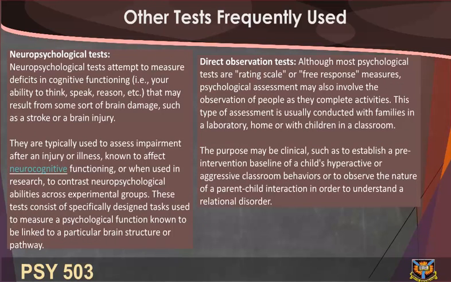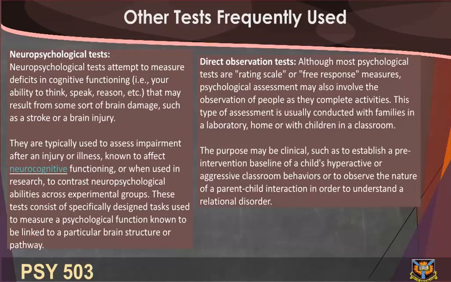Neuropsychological tests. Neuropsychological tests attempt to measure deficits in cognitive functioning, that is, your ability to think, speak, reason, etc., that may result from some sort of brain damage, such as a stroke or a brain injury.